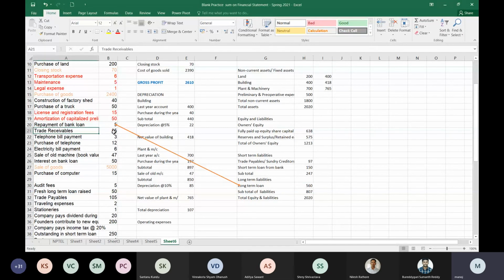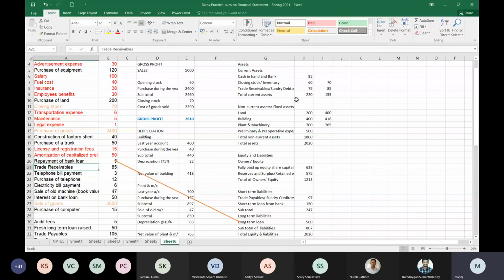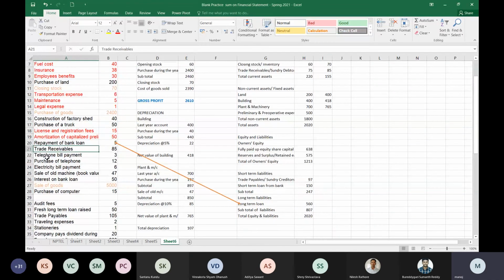Trade receivable. I think we have done already. 85. Oh, that is done. Sorry. Is it twice? No. So telephone bill payment, this is very much an operating expense. Purchase of telephone is not.